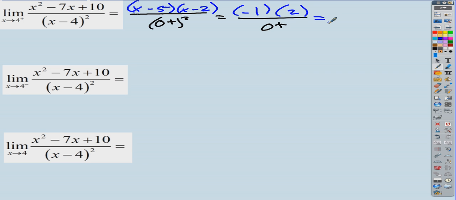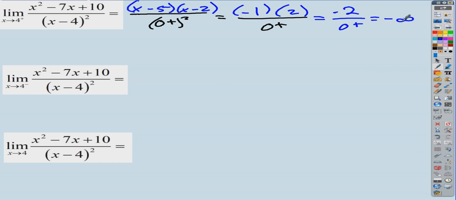I don't really care what I get on top, it's not 0. What I know is that I'm going to end up getting some negative number on the top, and it is negative 2. Now we know what's going on. I have a negative numerator and a positive denominator, so what's the result? Negative infinity.